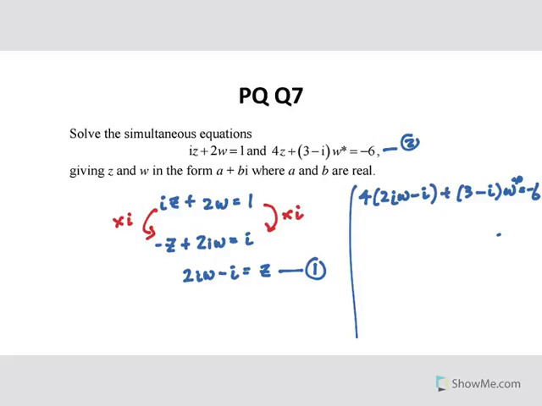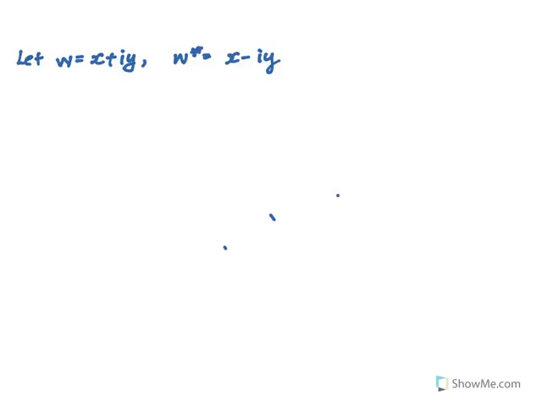Looking at this form, if I substitute in, remember the earlier equation: 2iw* − i, with 4 times that, plus (3 − i)w* equals −6. Let me simplify this.